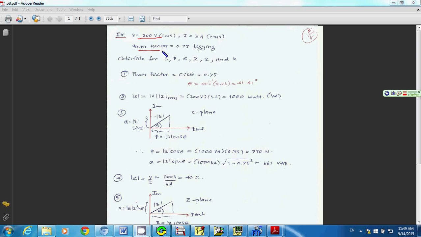And our power factor is given equal to 0.75 lagging. It asks you to calculate the apparent power, the real power, the reactive power, the impedance Z, resistance R, and the reactance X. Well, you start from power factor equal to 0.75, that's given, which is equal to cosine theta, and you can find theta equal to arc cosine 0.75, or 41.41 degrees.